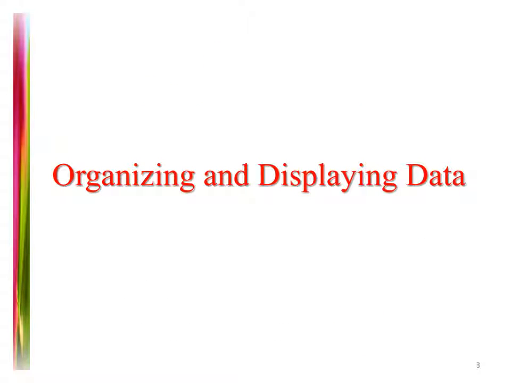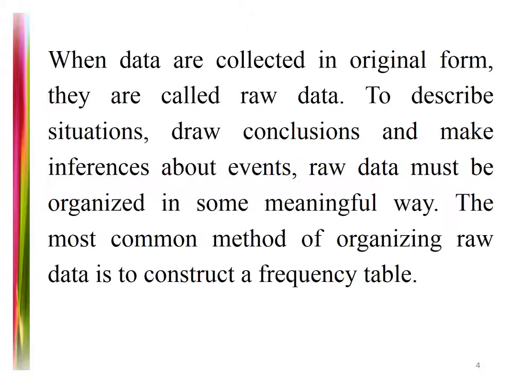First we are going to discuss organizing and displaying the data. When the data are collected in original form, they are called raw data, that means initially collected data. To describe the situation, draw conclusions and make inferences about events, raw data must be organized in some meaningful way.